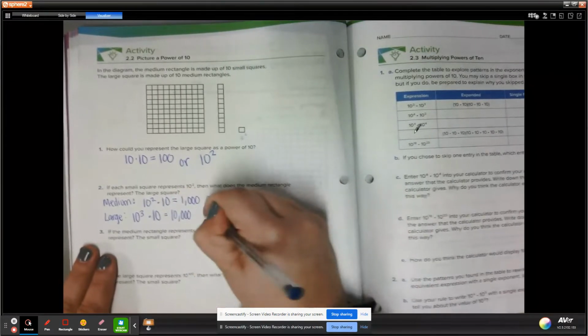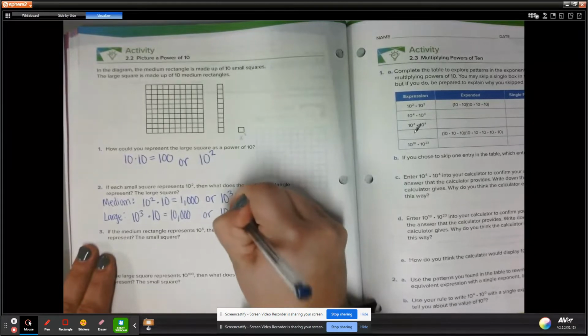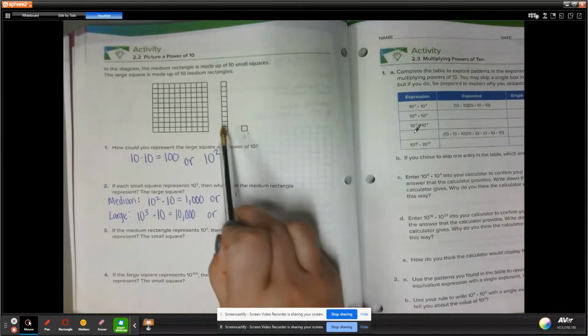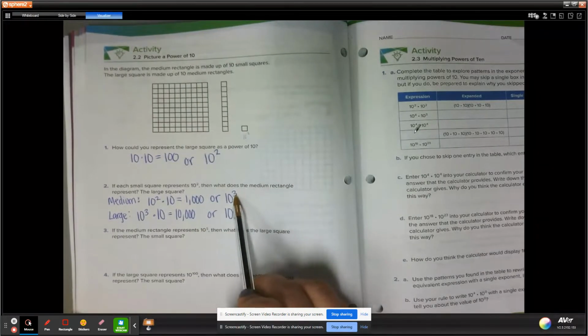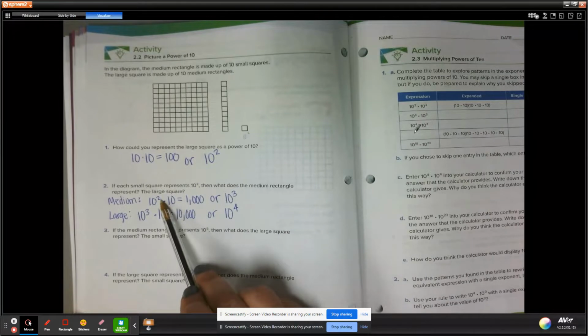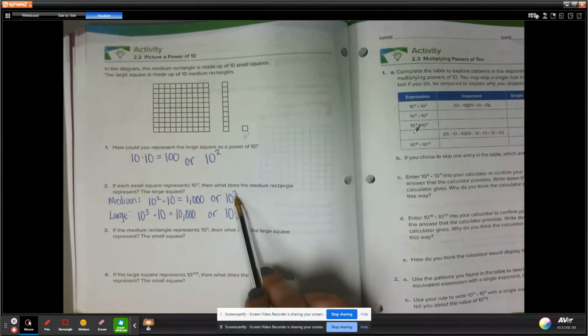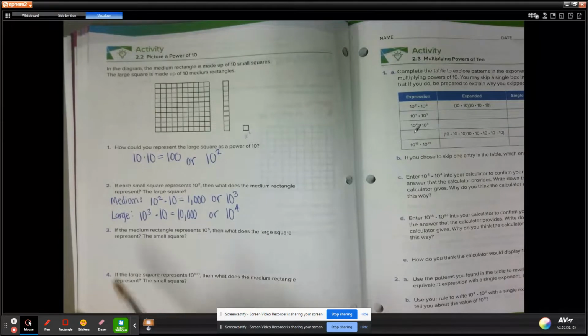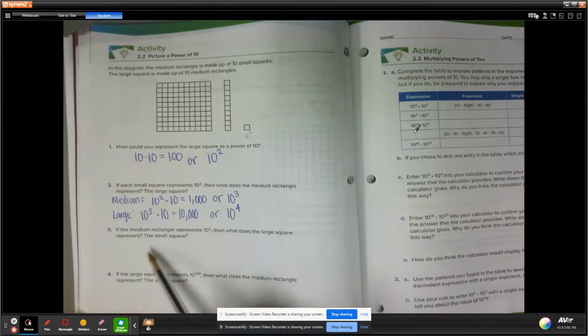And I know that 10,000 can be represented as 10 to the fourth power. Okay, so every time we're increasing by a power of 10. Hence why we started with 10 squared as the small, 10 cubed as the medium, and 10 to the fourth power as the large. If the medium rectangle represents 10 to the fifth, then what does the large square represent?